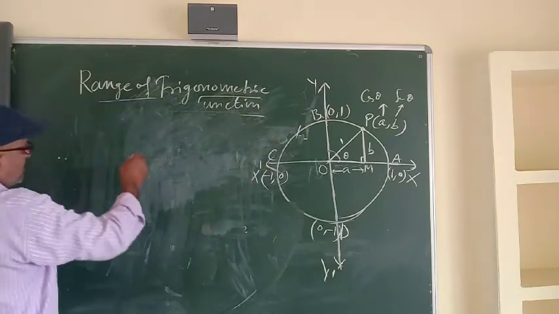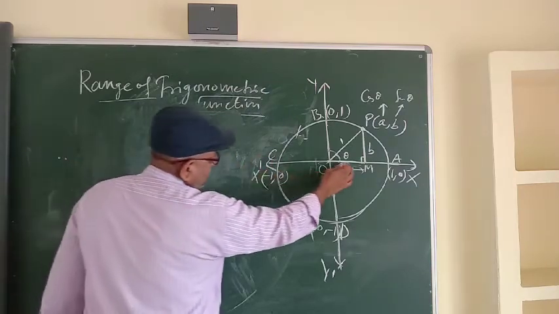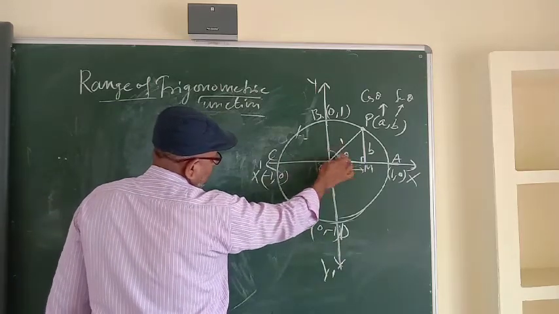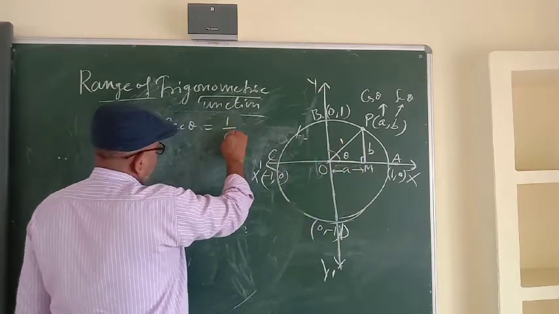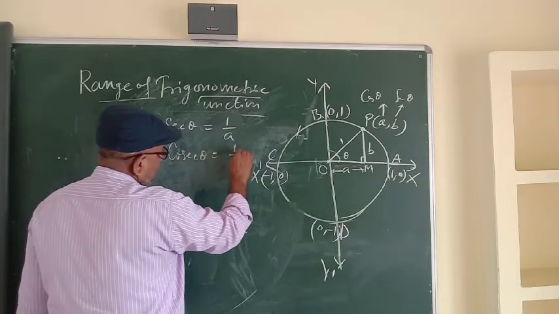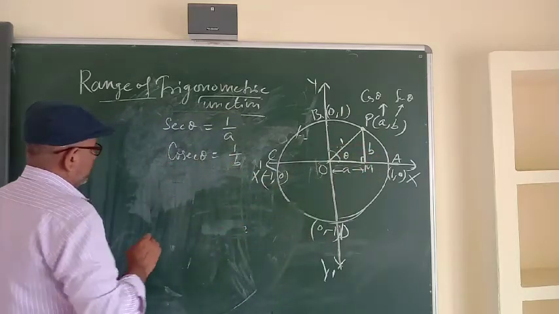Sec and cosec. So what is sec theta? In this triangle, sec theta is equal to hypotenuse upon base, which means 1 by A. Cosec theta is 1 by B, hypotenuse upon perpendicular.